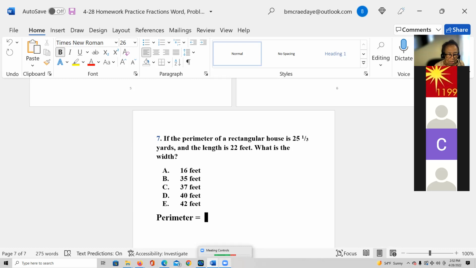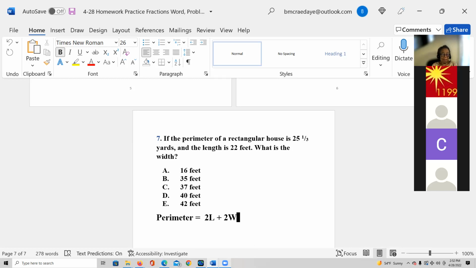Two lengths, two lengths. What are you doing with them? What operation? Multiplication is area. Plus: 2 length plus 2 width.